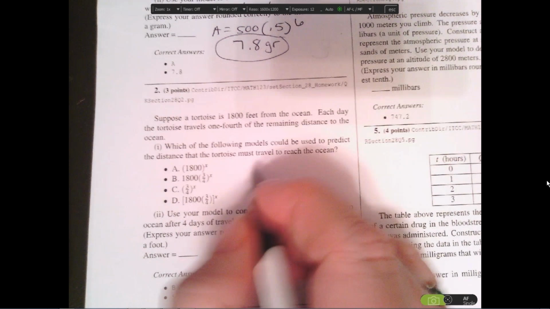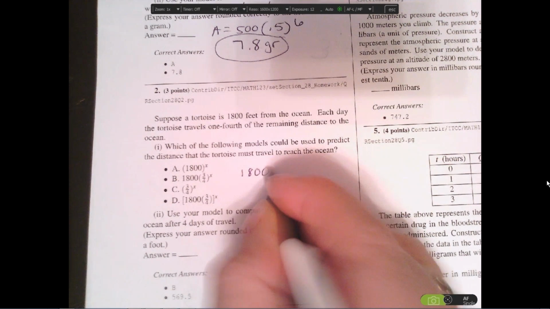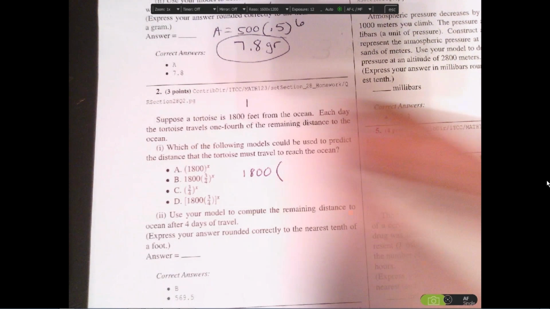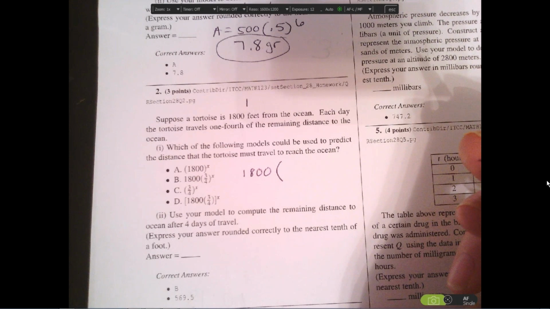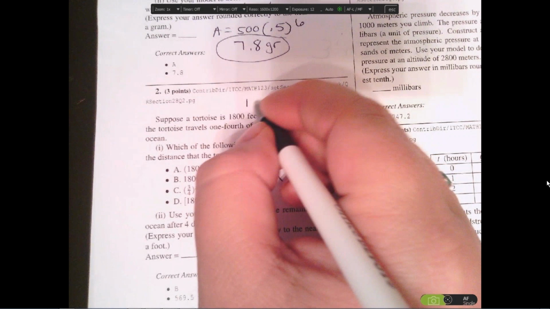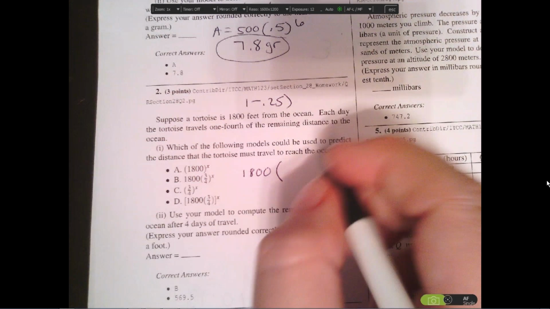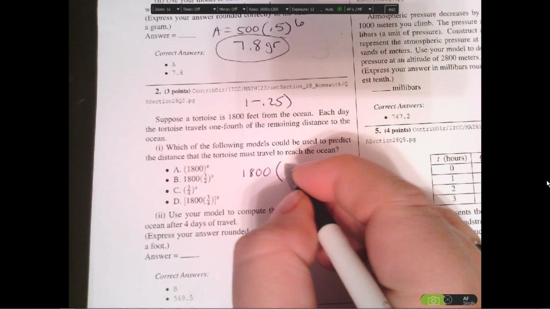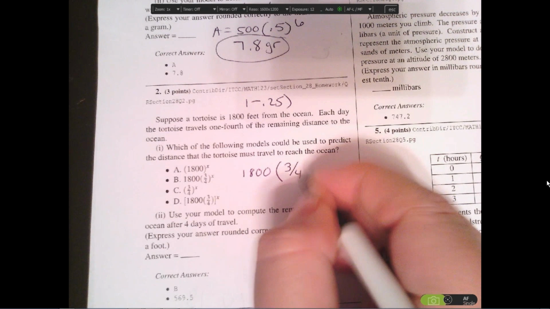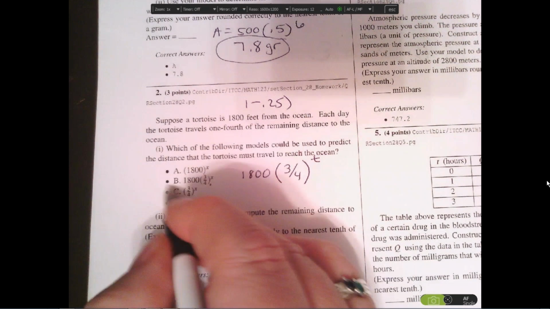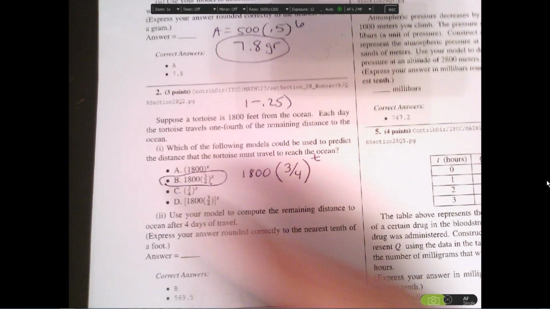Okay, so we have 1,800 is our initial amount. It's a decay of 1/4. So 1 minus 0.25, or they're going to use 3/4 I see there. So what's going to be left is 3/4 to the t, but I see they're using x, so it is b.